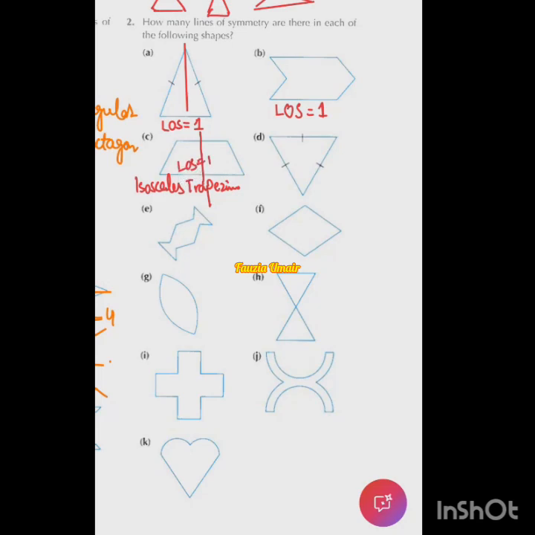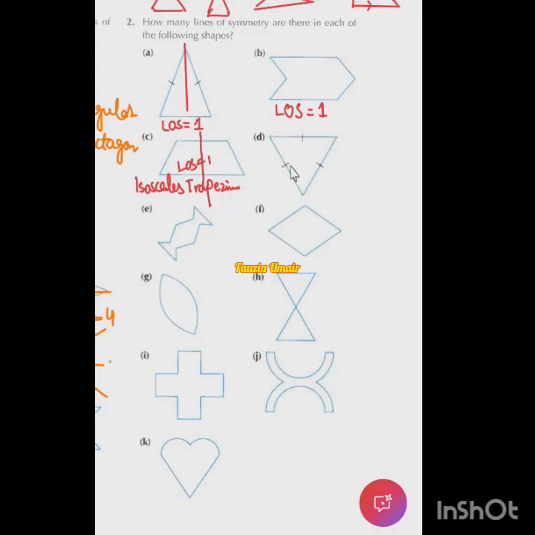There is another trapezium which is like this. This is also a trapezium, right? Yes, ma'am, because there is one set of parallel lines. But this trapezium is called a right trapezium because there are perpendicular sides. So this is an isosceles trapezium, which has one line of symmetry.